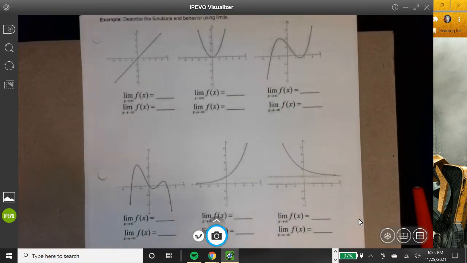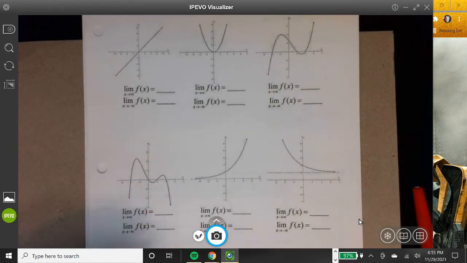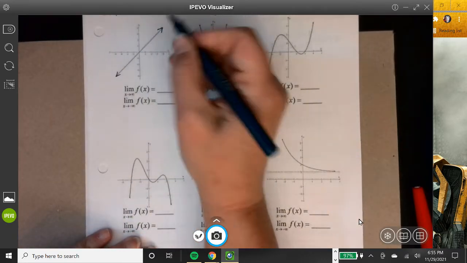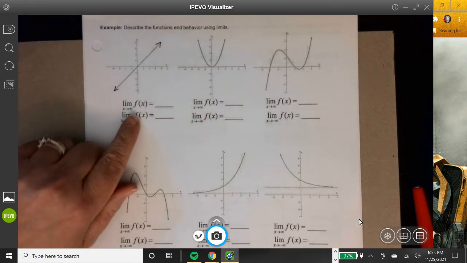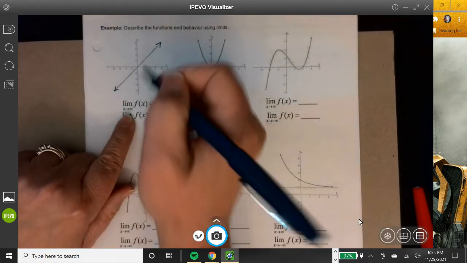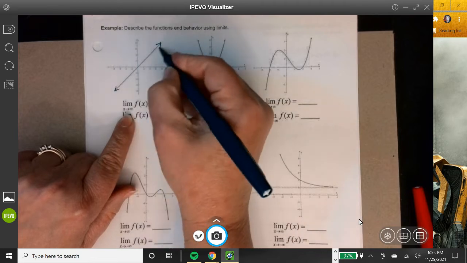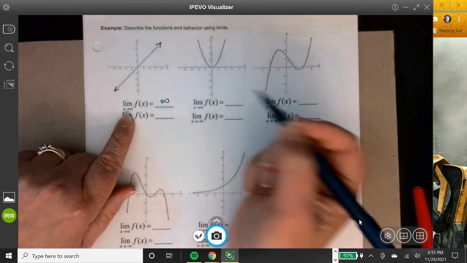Let's do some end behavior limits of some common functions. Okay, so these have arrows on the end here. This is a line, y equals x. And the limit as x goes to positive infinity, the y is going to positive infinity.